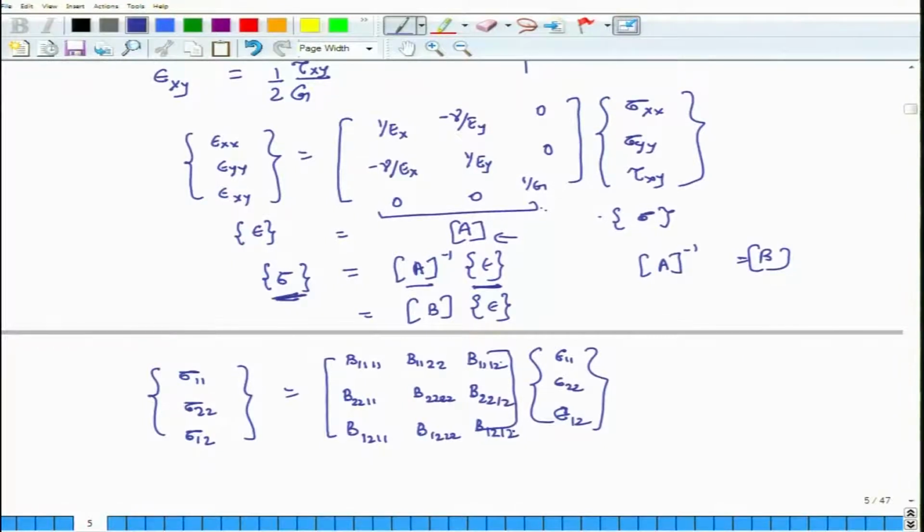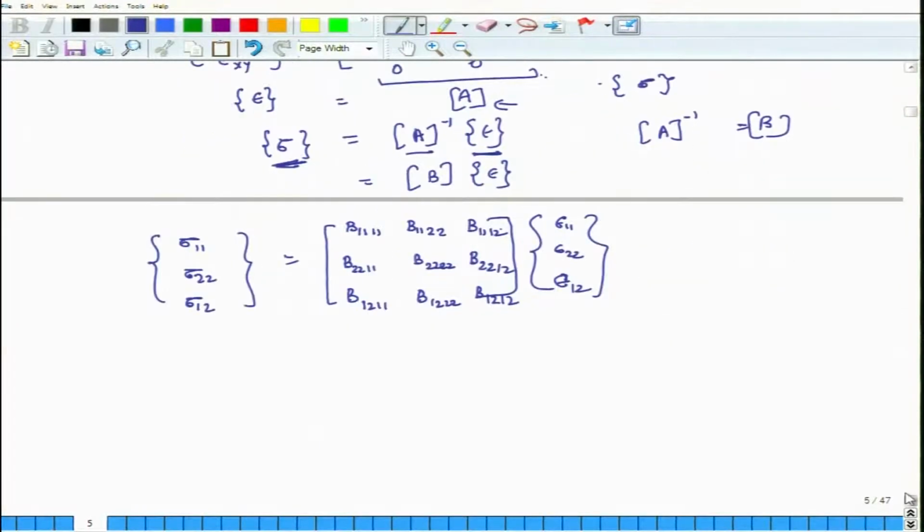These are the 9 elements of the B matrix, and we know how to calculate these different values using the process above. And let us just understand what all these terminologies mean.